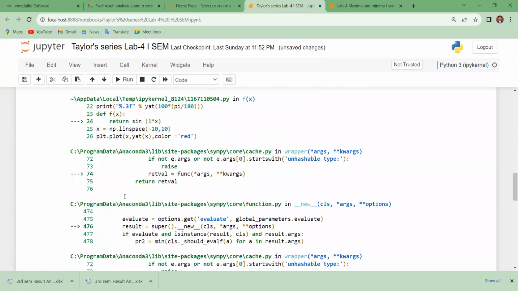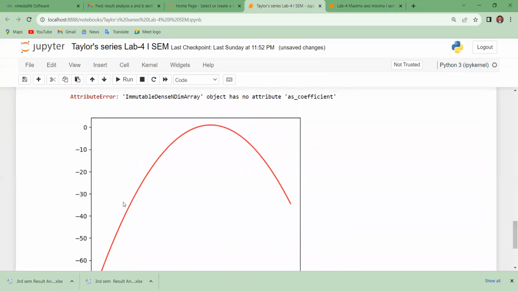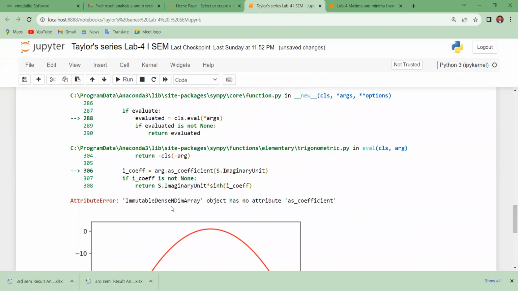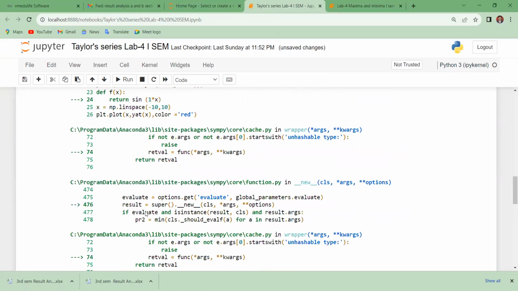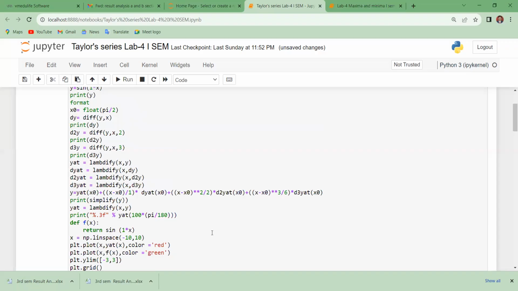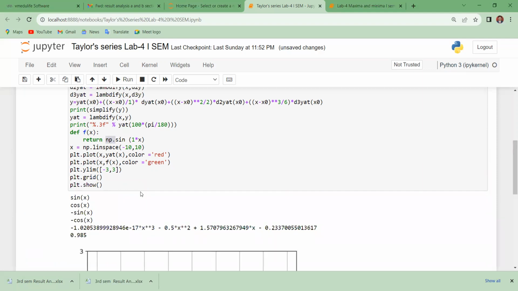So there's the error: immutable dense array object has no attribute coefficient. Okay, so that is why we have put np. So now just run.